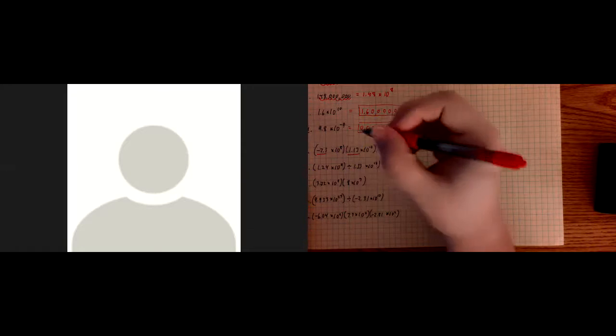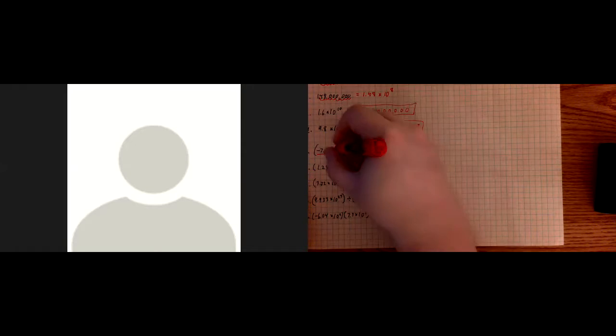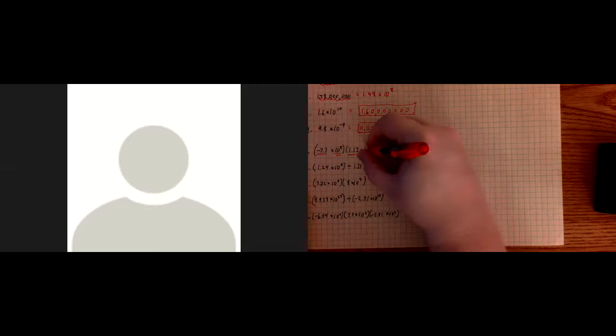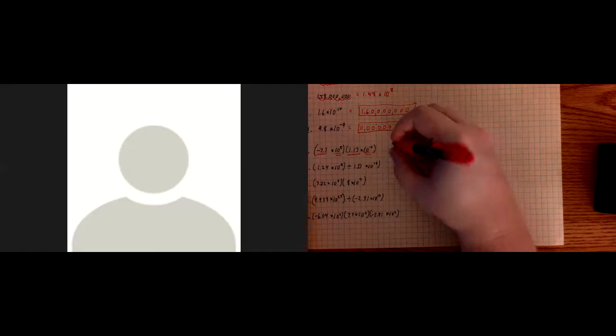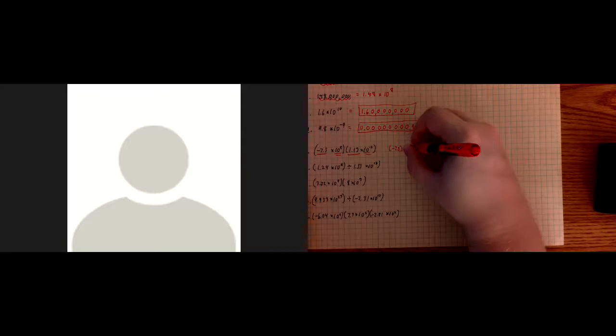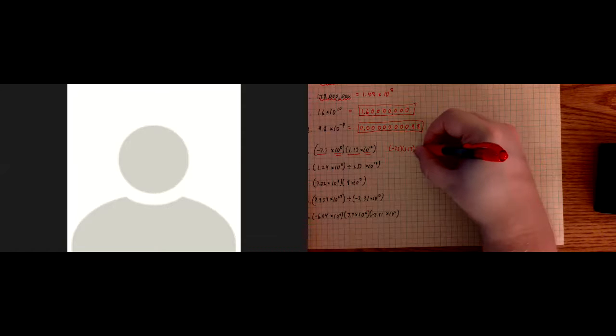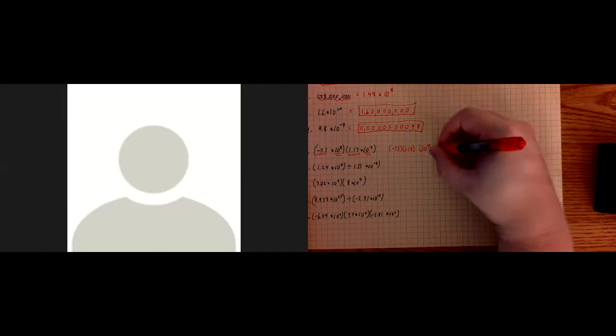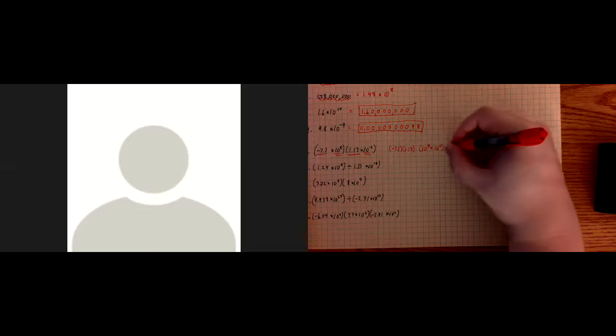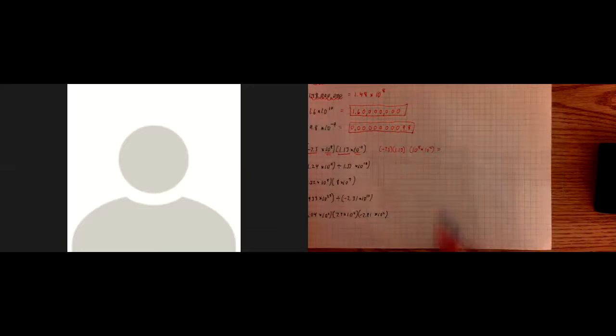So for mine, I'm going to take negative 7.5 times 1.13, and then afterwards do the 10 to the 8th and the 10 to the negative 2nd. So there's my rewrite.